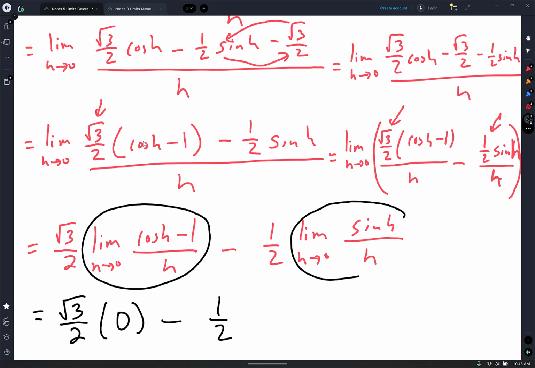And what is the limit as h approaches 0 of sine h over h? What is it? Look at your special limits. It's not 0. It's 1. Limit as x approaches 0 of sine x over x, that's 1, guys. So, what's negative half times 1? And there it is.